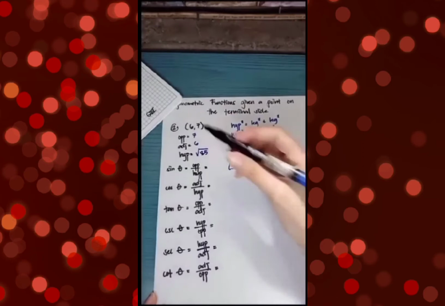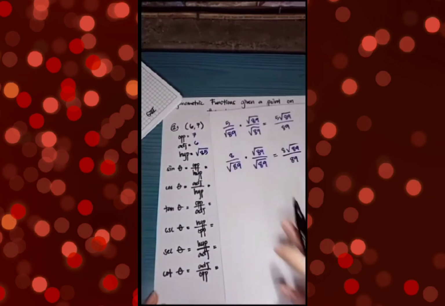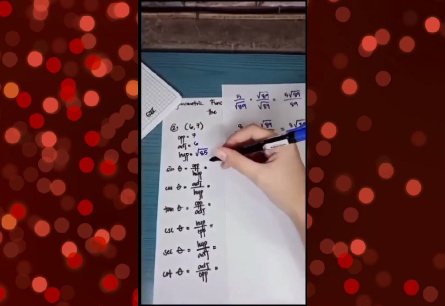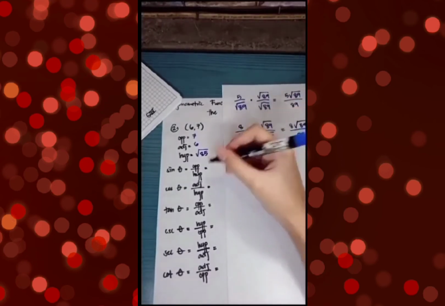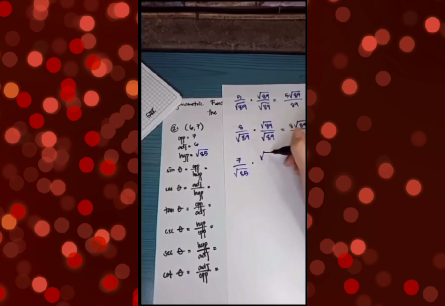Now, let us solve for our 6 trigonometric functions. First with our sine theta, which is opposite over hypotenuse, and that would be 7 over square root of 85. And we need to rationalize the radicals again, and that would lead to 7 over square root of 85 times square root of 85 over square root of 85, and that would equal 7 square root of 85 over 85.